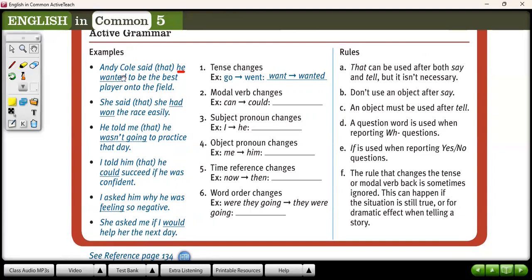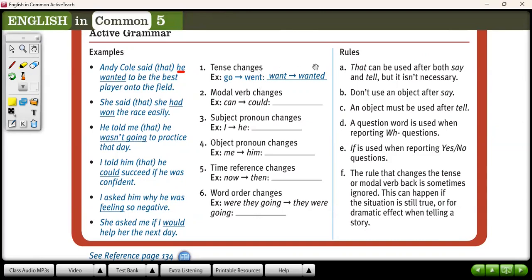So, said this, let's complete the rules that we have here. Let's look at the example. So we saw that we need to take one step back into the past when reporting. So, for example, when something is in the simple present, we go to the simple past. So go, went, want, wanted.